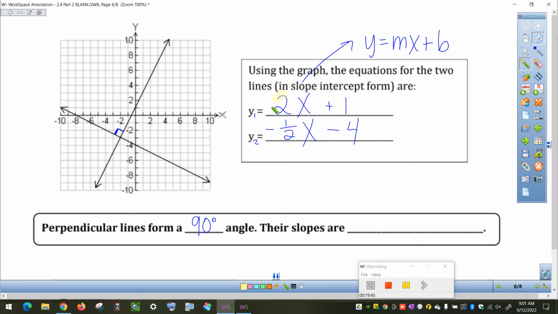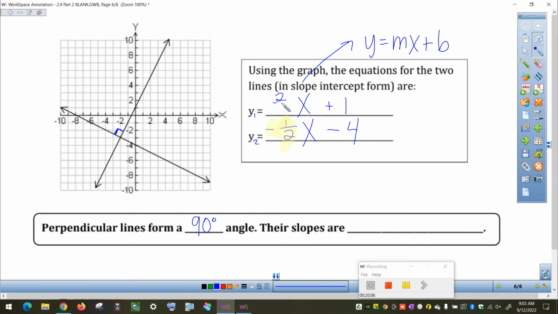And then let's notice something about the slopes here. So first of all, our slopes are absolutely not the same, but they do have some things in common. Notice how our first slope of 2, we just wrote it as a 2, but technically it was 2 over 1, up 2 spaces over 1 space.